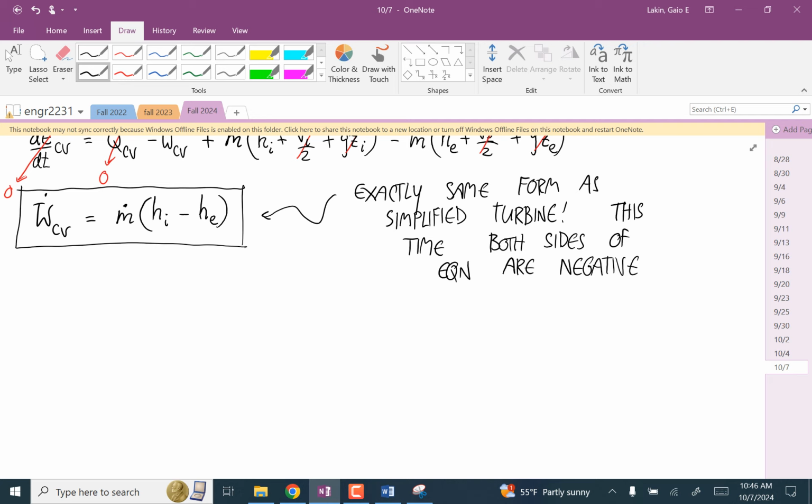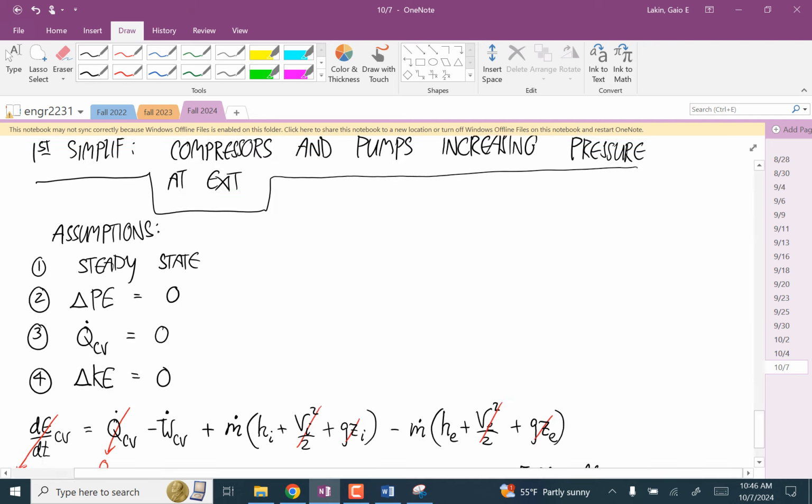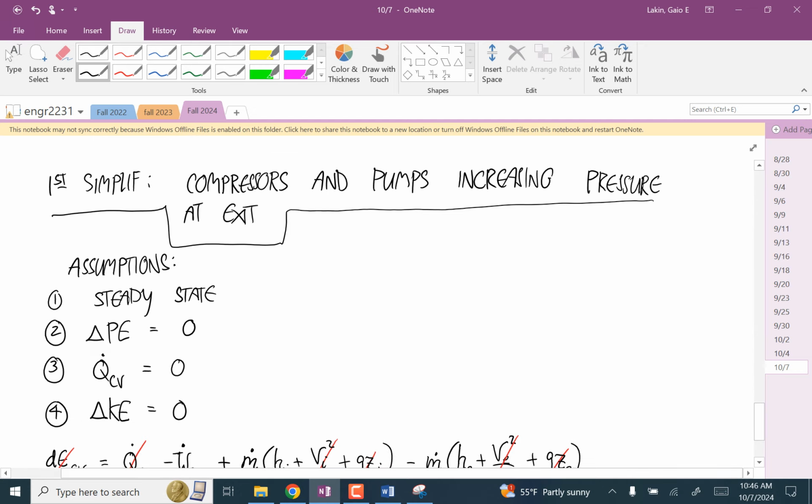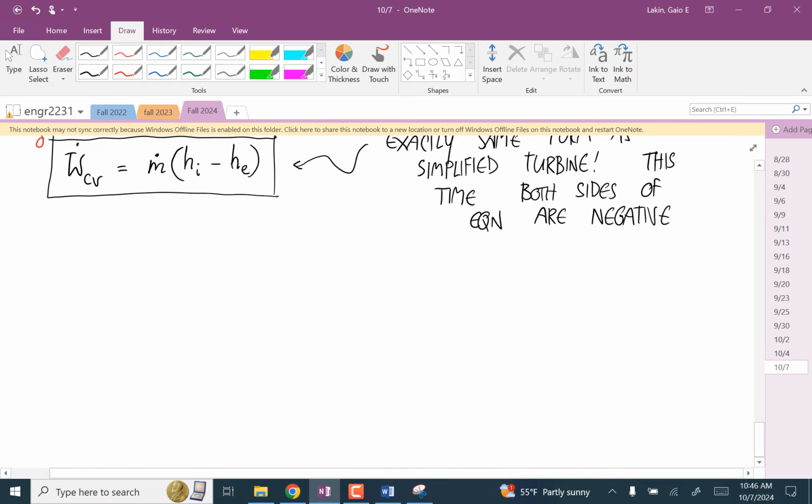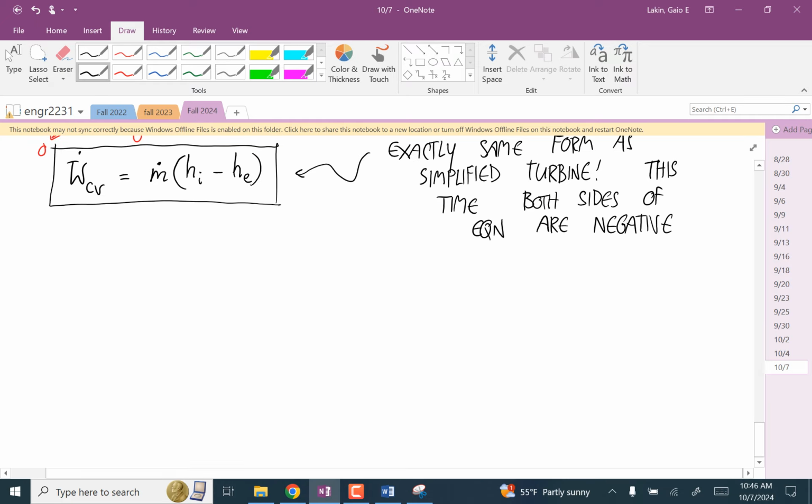And then what do we have? So this could represent a compressor or a pump where your goal is to increase the pressure at the exit. The second simplification is just going to be for pumps, where we're trying to increase the height at the exit.